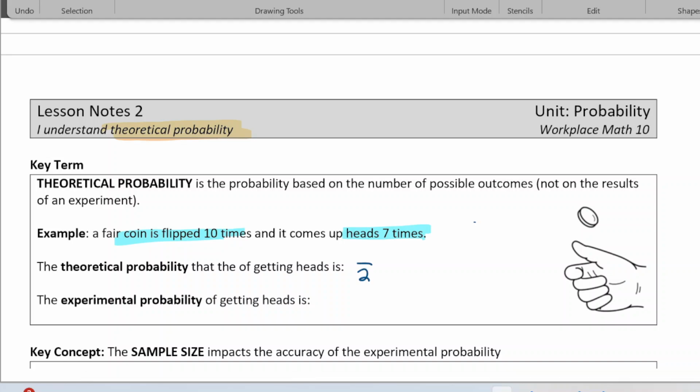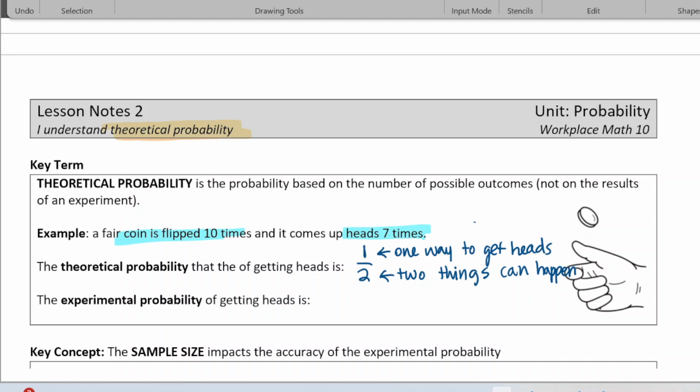It could be either heads or tails. And the chances we get heads is just 1 because there's one way to get a head. And there's 2 possible things that can happen. So in 10 flips, we'd expect 5 heads.